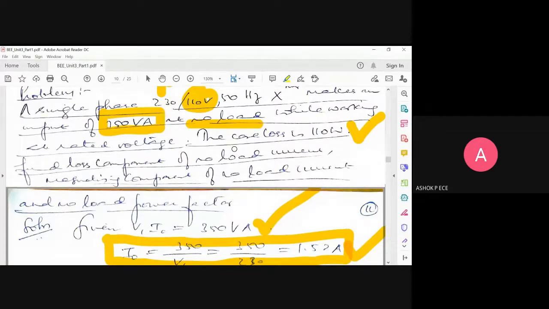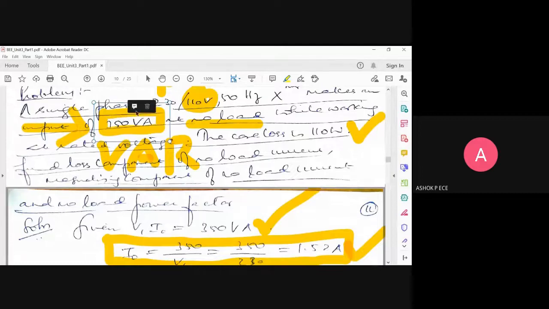Real power is actually what is consumed in the circuit, so that alone you can give the notation watt. The other powers you cannot visibly see. Here the average real power is 110 watt. And there is VAR, the reactive power. Apparent and reactive powers will not have watts; they have the units VA and VAR. That is the difference. The 110 watts is the actual visible power which you can see in the circuit.